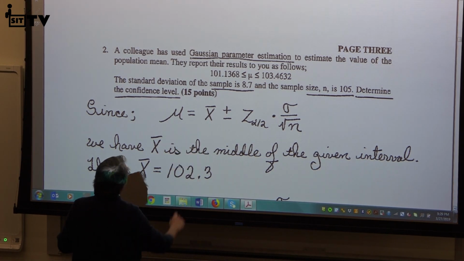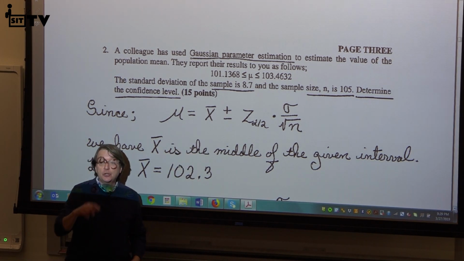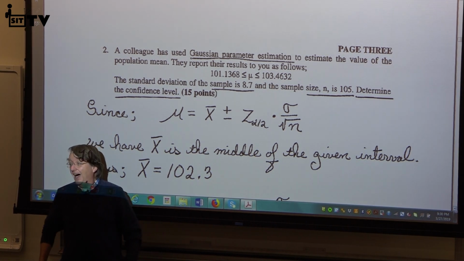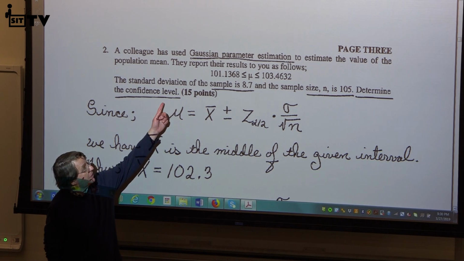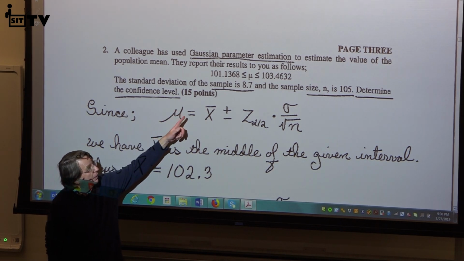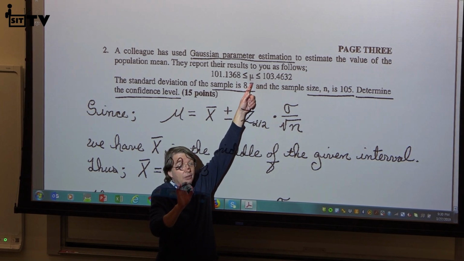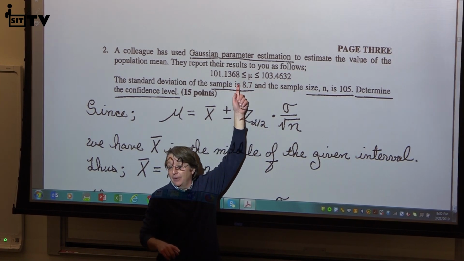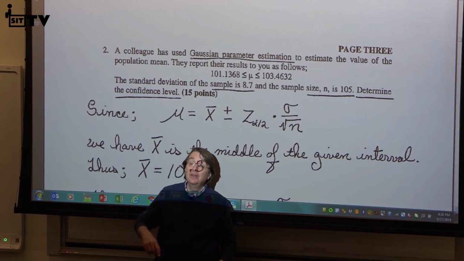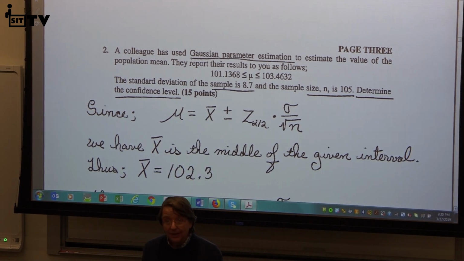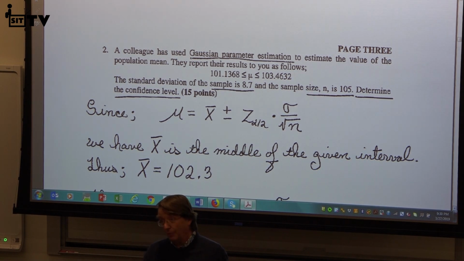So, boom. Now, it turns out I'm asking you this question in a very tricky way. I ask you, how confident are you that this mean here, the true mean, really falls between there and there? Are you 85% confident? 90% confident? So you say to yourself, okay, I need a formula.